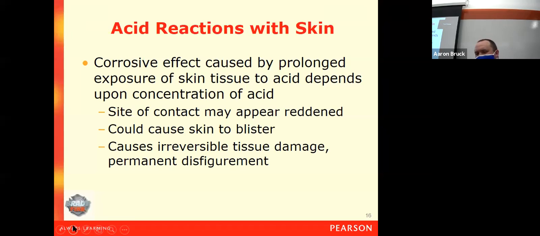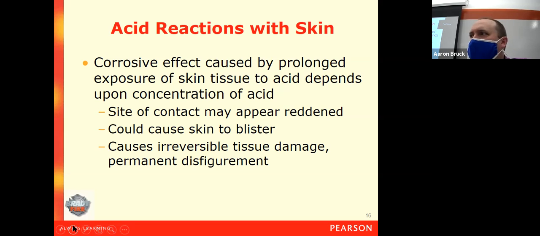When it comes to your skin, acids will also react with your skin. The nature of the damage to your skin depends on the concentration of the acid. It also depends in a small part on the duration that the acid is on your skin, which is why when you get acid on your skin in any kind of application, the first thing that you need to do is get it off of your skin.